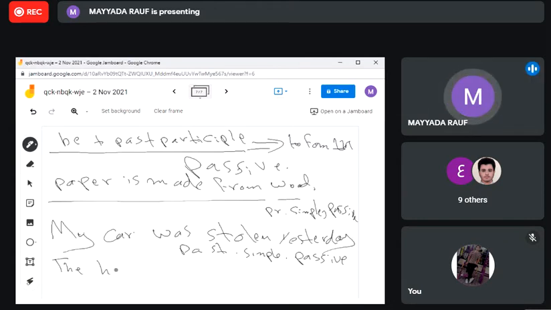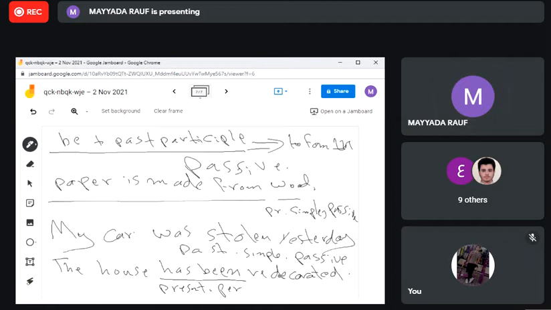So the house has been redecorated. Here we have present perfect because we have has been, okay, present perfect, but also in passive.